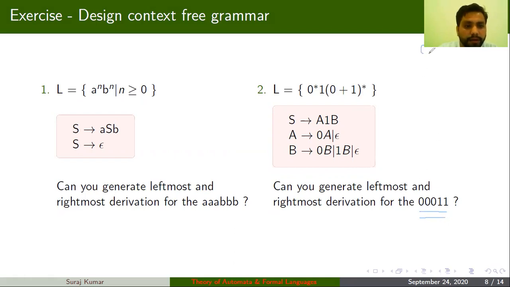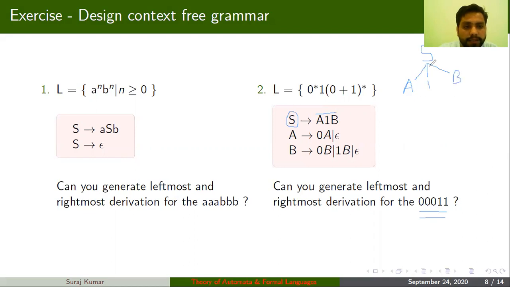You can write your starting symbol here. Your starting symbol has the rule A1B. A is at the leftmost position, 1 in the middle, and B at the rightmost position.